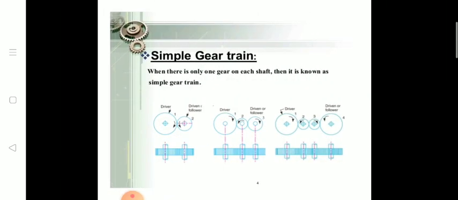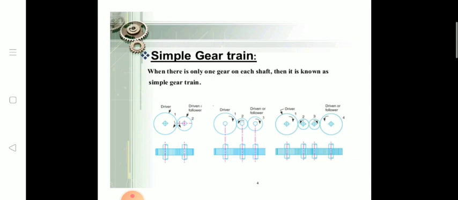First we study the simple gear train. As shown in this figure, the first is a gear train with two gears, next is a gear train in which three gears are used, and the third gear train has four gears.